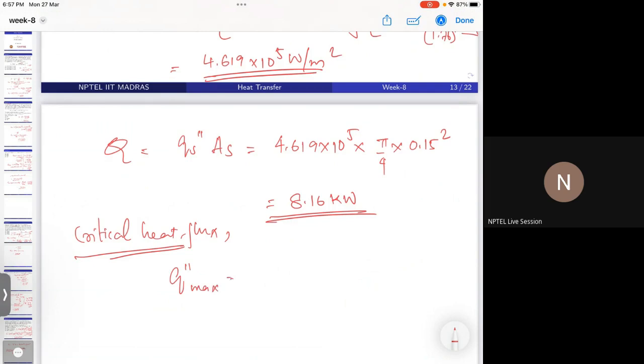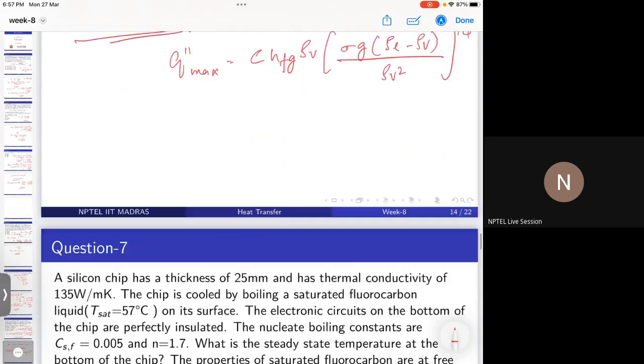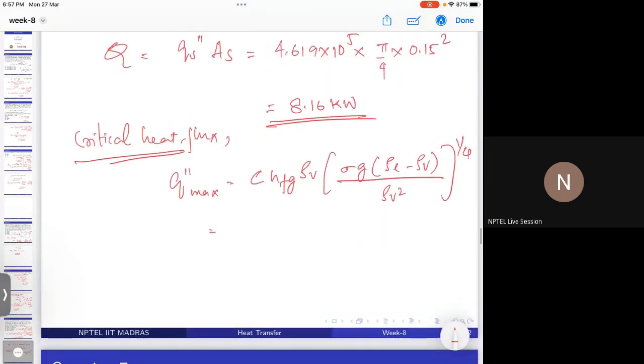The maximum heat flux that can be given is Q critical equals C HFG rho V, times the quantity sigma g (rho L minus rho V) divided by rho V squared, raised to 1 by 4. I'm giving the final answer because everything is given. This C value you can take; this C is different.